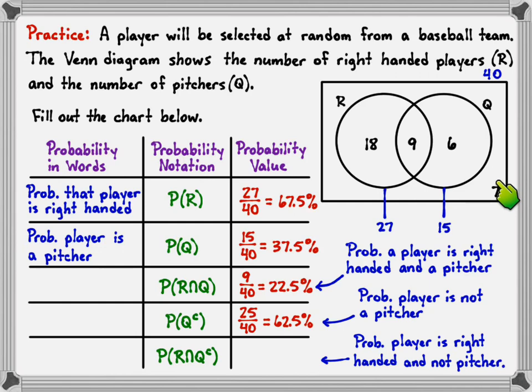No, it's not, so we don't want that. Is this a right-handed player? No, it's not. Is this a right-handed player? Yes, it is. Is it a pitcher? It is a pitcher, but we want the piece that's not pitchers. Is this a right-handed player? Yes. Is it a pitcher? No. And so that's exactly the piece we want. So it's 18 out of 40. Again, because it says and, we're thinking one piece, so it's only the 18, and so that's 45%.